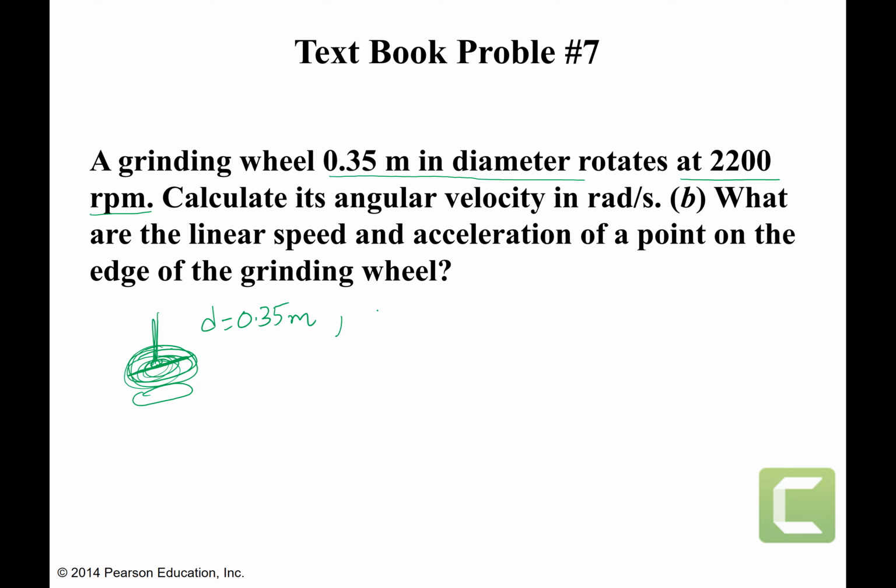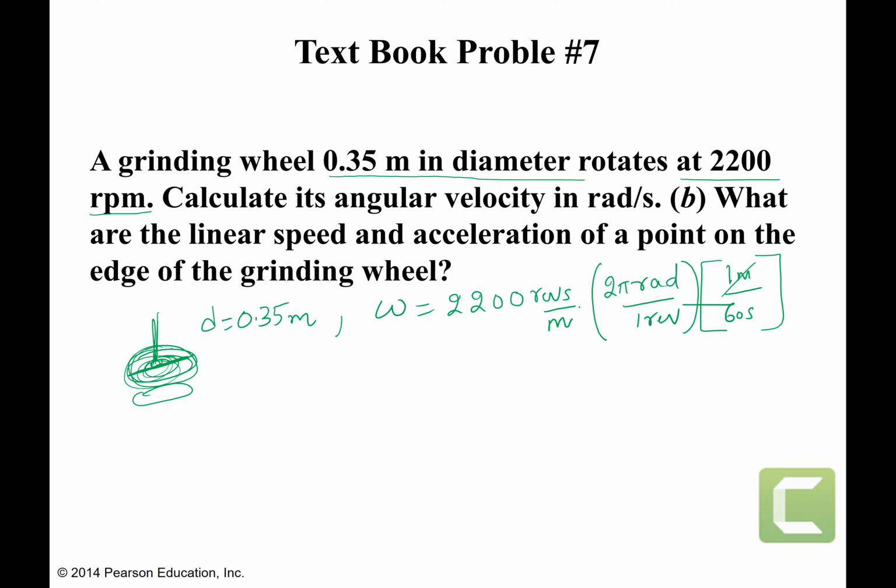So we have been given omega as 2200 revs per minute, and my job is to convert it to radians per second. 2 pi radians per 1 rev, and 1 minute over 60 seconds. So the minute and minute go away, the revs and rev go away.